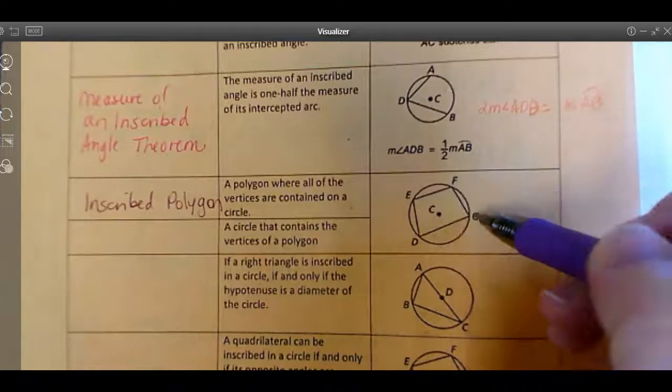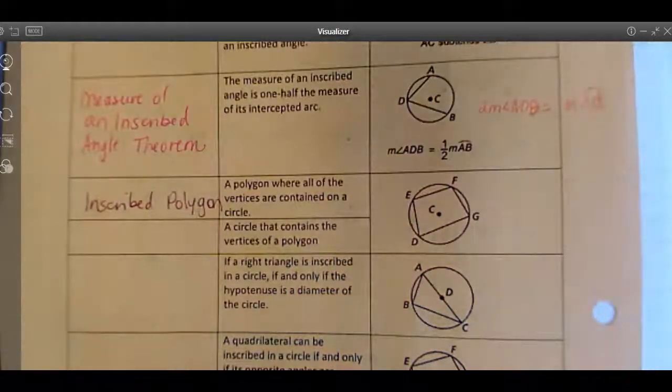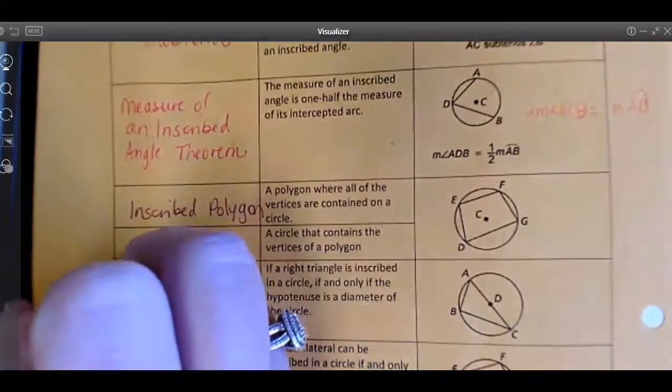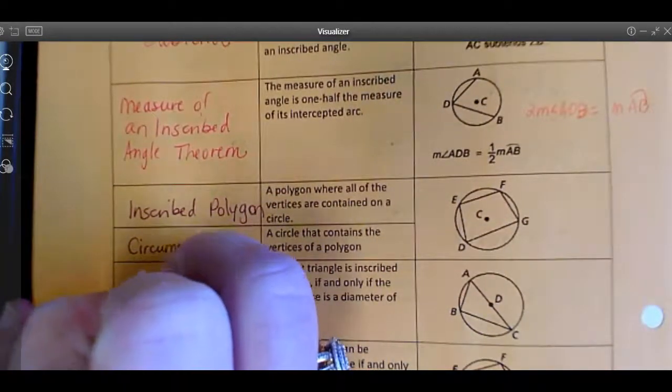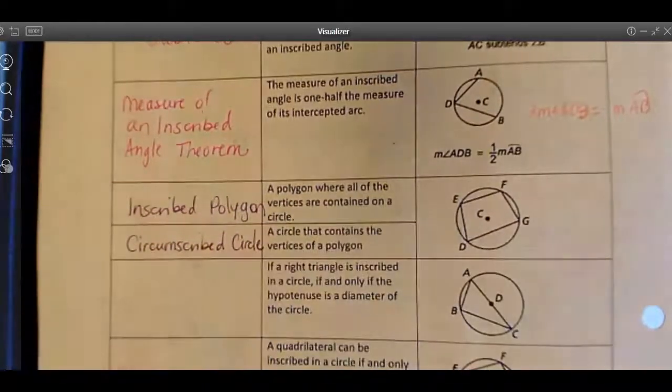But it's a polygon that's inside of the circle, but the vertices lie on the circle. So inscribed means it's inside of it. Alright, the circle itself is called circumscribed because it's outside of the polygon.